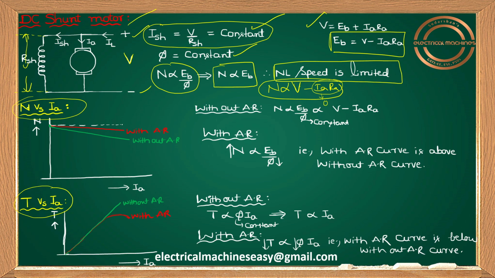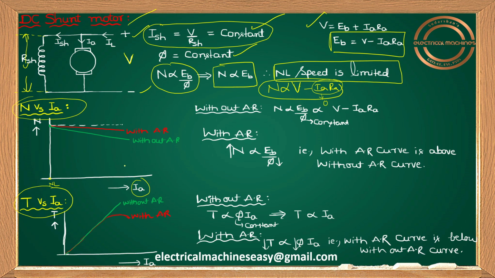Yes, let me first of all draw the N versus IA curve. IA means, guys, there is no need to write every time, IA means indirectly taking it as load. For DC shunt motor, as mechanical load increases, the current taken by the motor also increases, IA also increases. So IA 0 means I can take it as a no load condition. IA rated means I can take that condition as a full load condition.